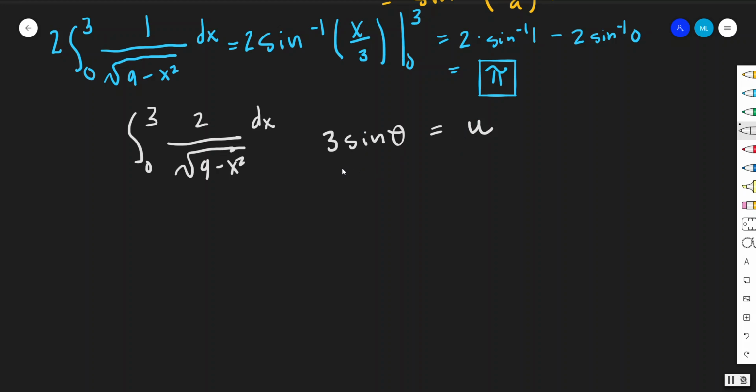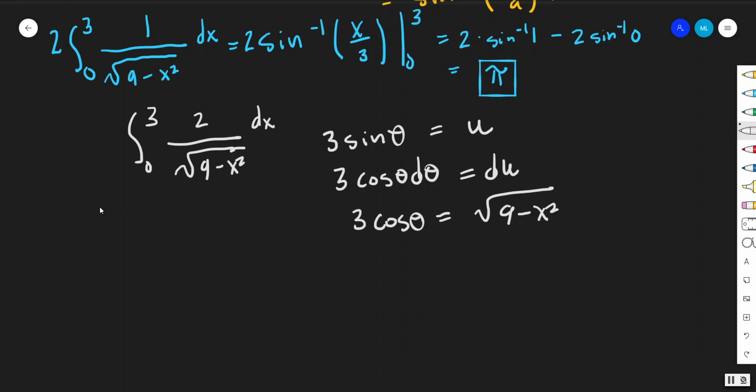And then from there, you would have that 3 cosine theta d theta equals du. Now, you would say that 3 cosine theta is equal to the square root of 9 minus x squared. Then you plug things in, and you have 2 divided by 3 cosine theta, multiplied by 3 cosine theta d theta.